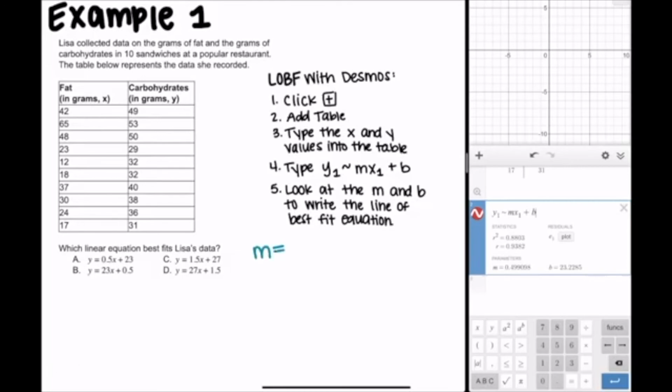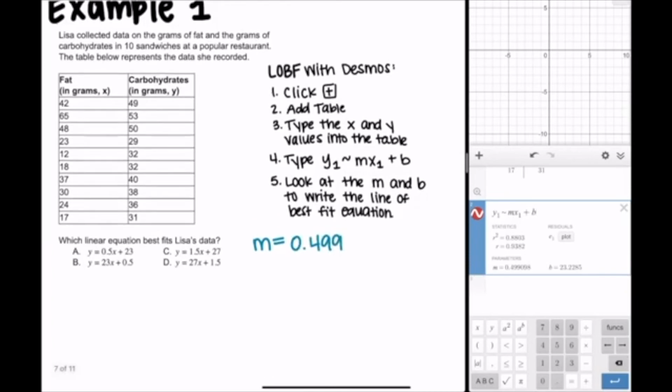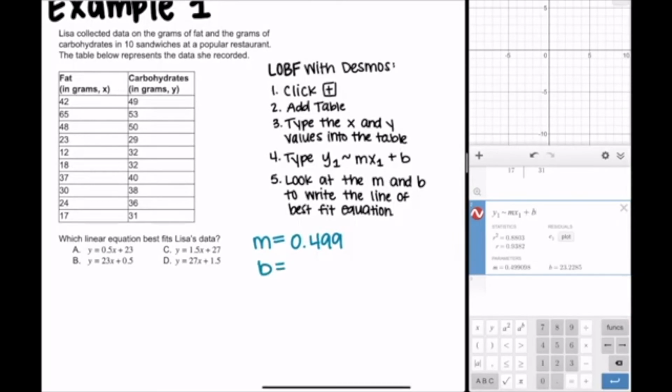So the m that we're given is 0.499. The b that we're given is 23.2285. We could round that to 23. So now what we're going to do is we're going to write y equals mx plus b.